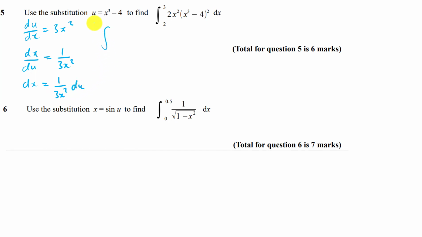Now we can sub this in, 3 to 2. We start off writing 2x squared. I can just fill in u here, squared, and 1 over 3x squared du.